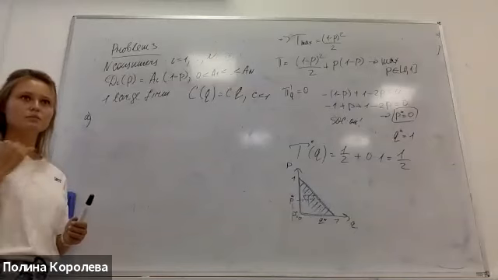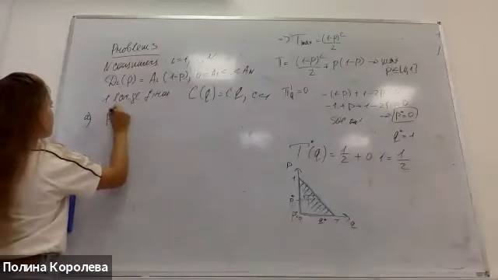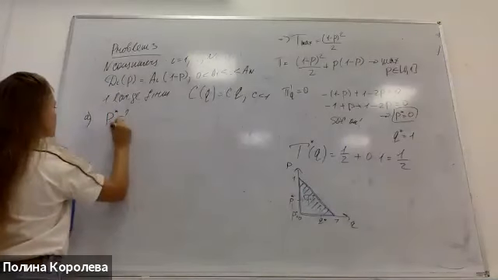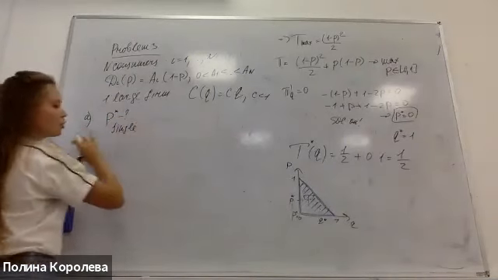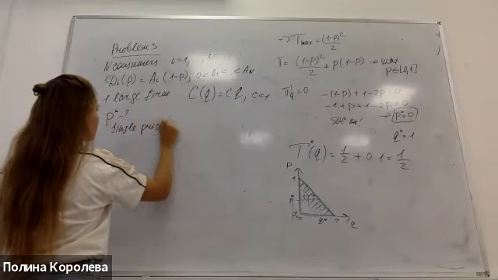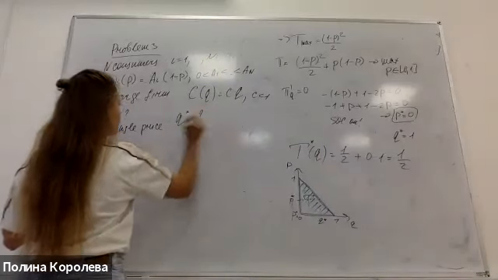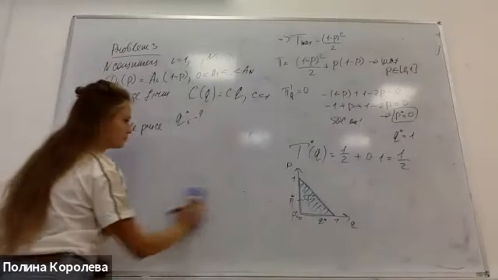So it will be a single price for each consumer. Single price, P star. No discrimination at this point. And how much each consumer will buy in equilibrium.